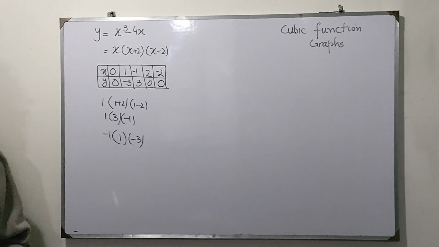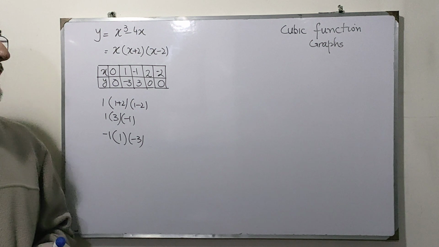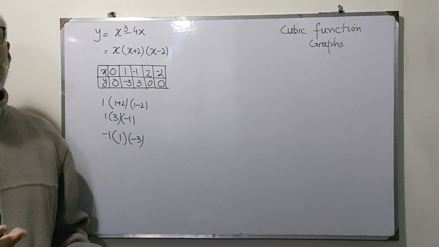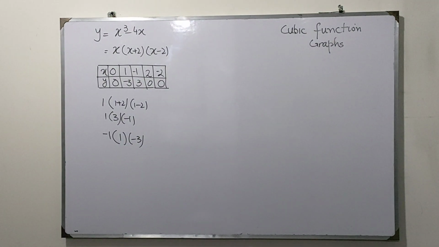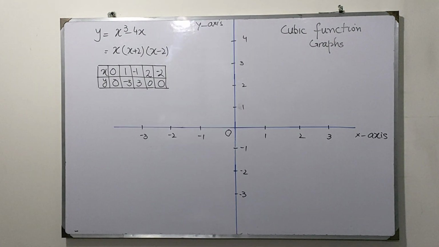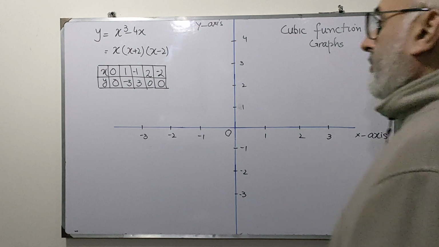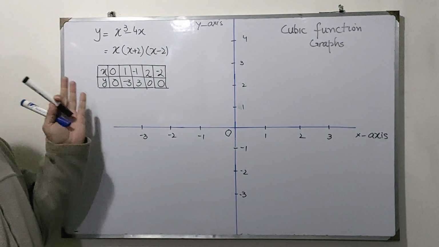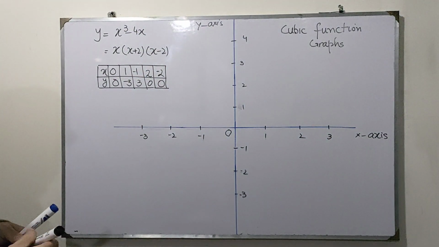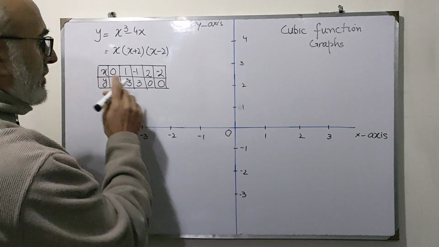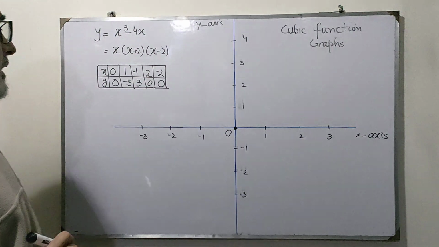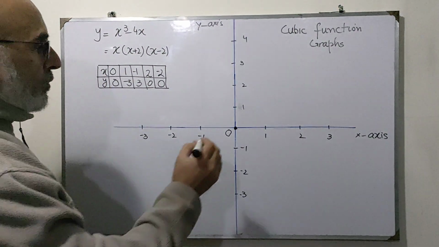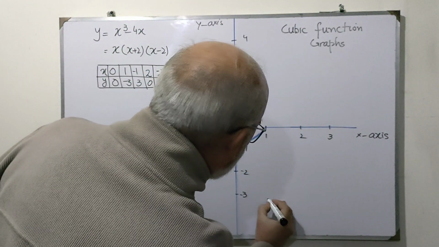So here we have the coordinates for x and y. Let's plot those coordinates and see what kind of a graph we are going to get. We have the coordinates, and now let's plot these points. First is 0 and 0, so the first point is this. Then 1 and minus 3, so it will be somewhere here.